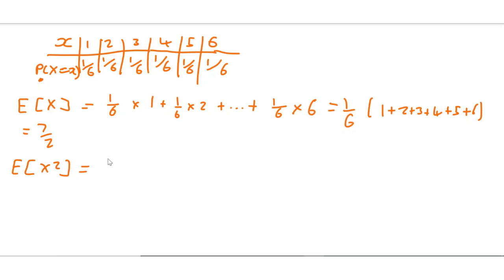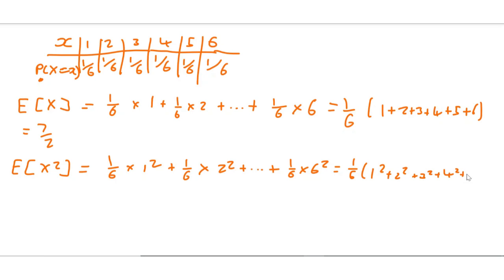The calculation is 1/6 times 1 squared plus 1/6 times 2 squared, all the way up to 1/6 times 6 squared. And again, that comes out in a similar way as 1/6 times (1 squared plus 2 squared plus 3 squared plus 4 squared plus 5 squared plus 6 squared).